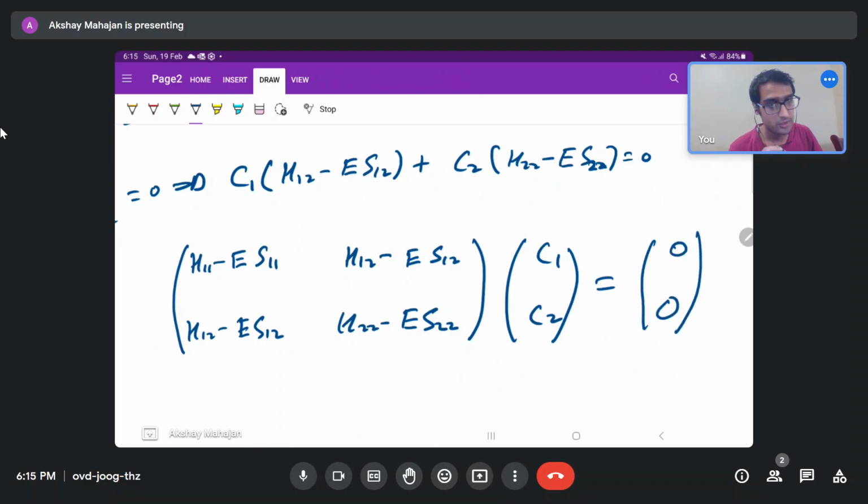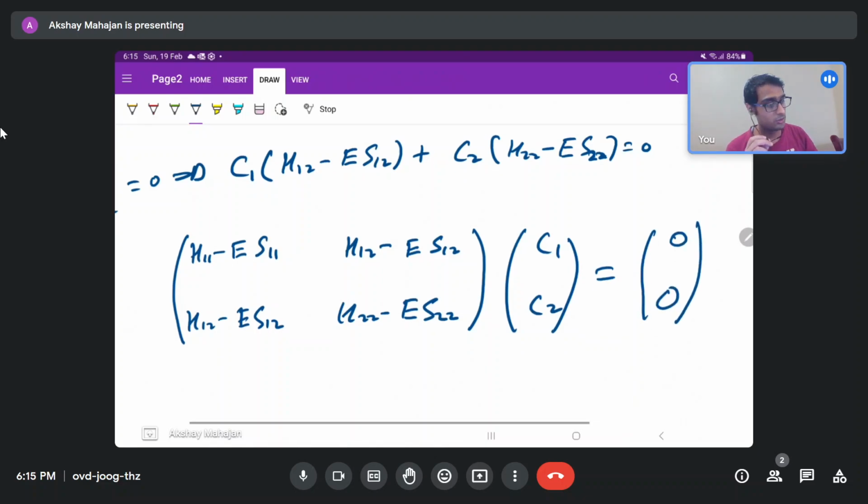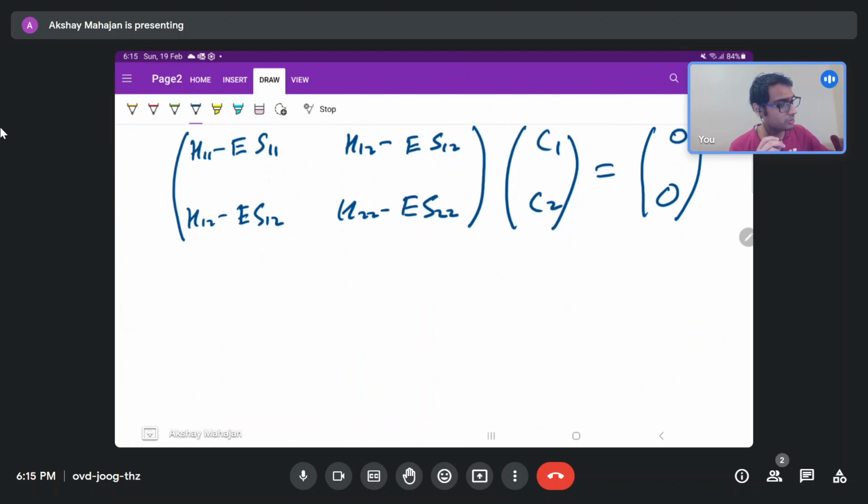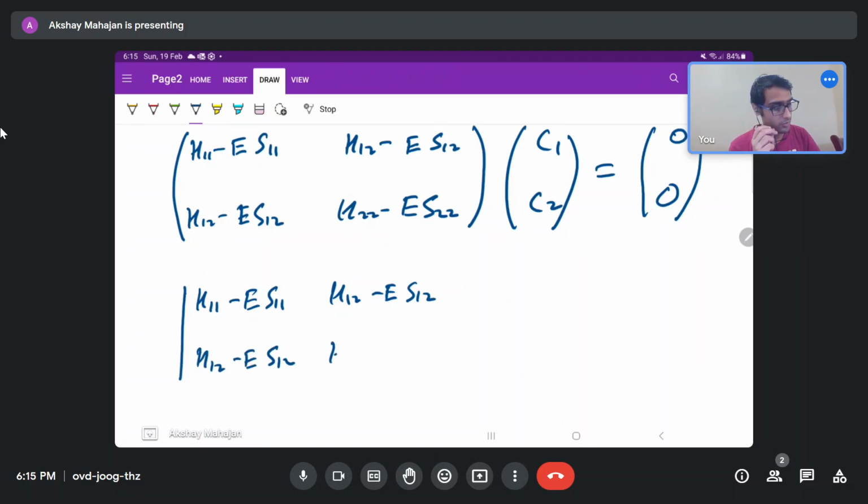Alright, now for this matrix equation to have a non-trivial solution, the determinant of this matrix has to be 0. This determinant has to be 0, and this gives us our secular determinant: H11 minus E S11, H12 minus E S12, H12 minus E S12, H22 minus E S22 equals to 0.